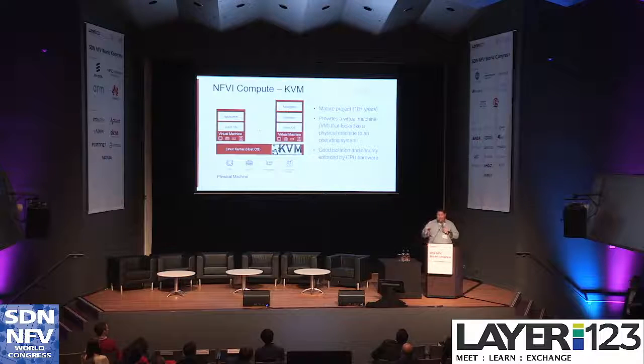So that's what we've started with. A lot of the initial telco clouds have come out using KVM or hypervisor-based virtualization for their VNF deployments. OpenStack is, again, how do you manage all of these clouds?